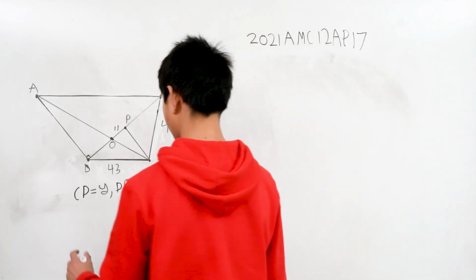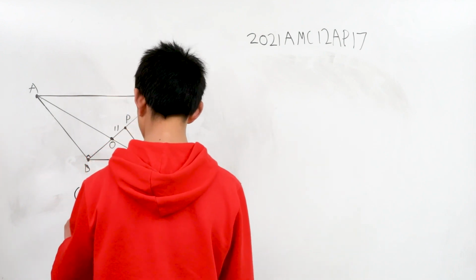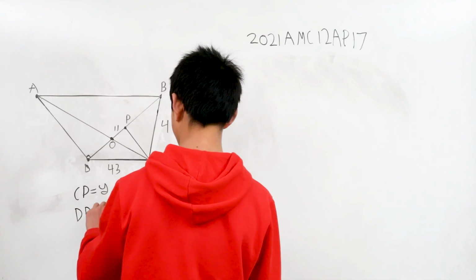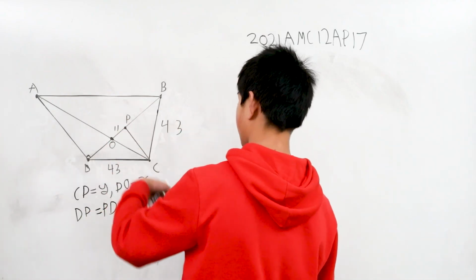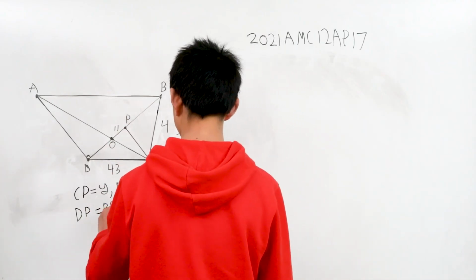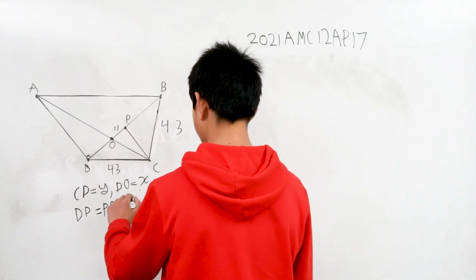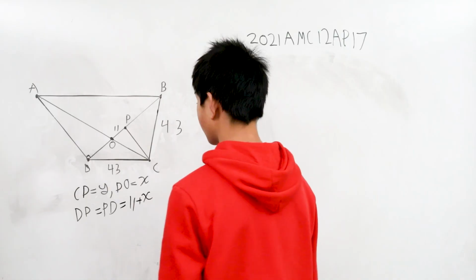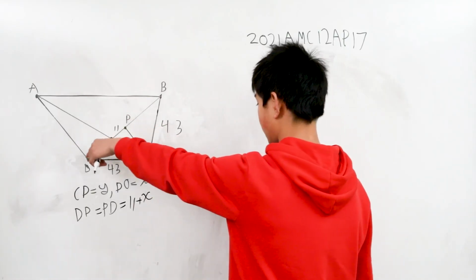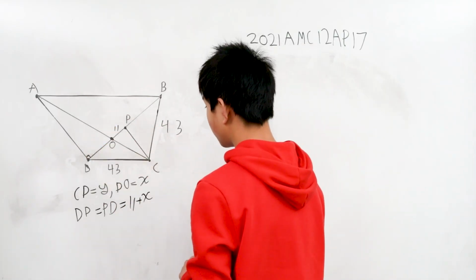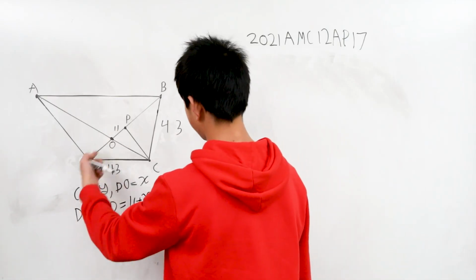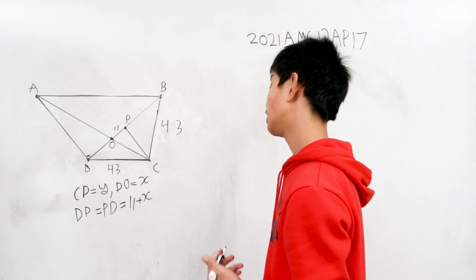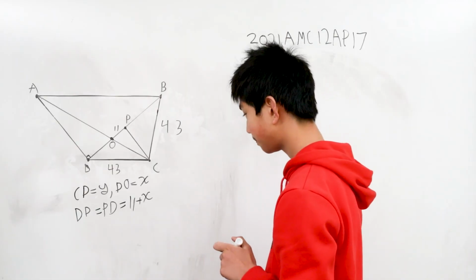DP is equal to PD, the other side from this segment CP, which separates it, and it is ultimately the length 11 plus x. Because this side can be represented as the quantity 11 plus x, this side must be too, because again, it's an isosceles triangle.